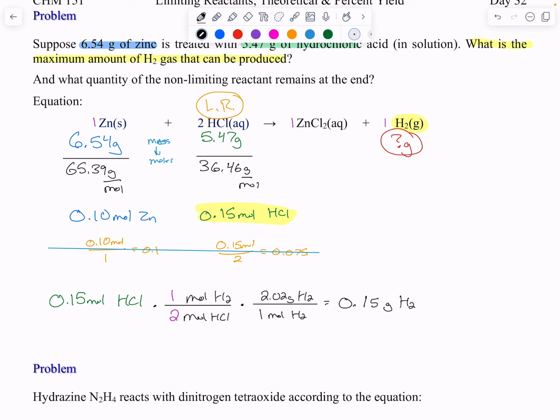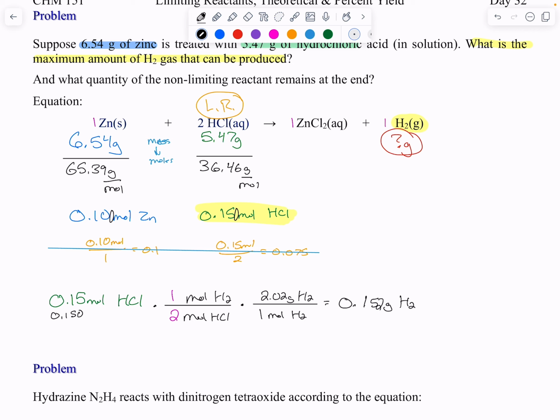I bet you it's 0.150, because I bet you there's a 0 here, right? But if I don't write those zeros in, sig figs aren't right, okay? So make sure, I was lazy with the pencil there. If you're lazy with the pencil, I need to have the 0.150 here to make that work.